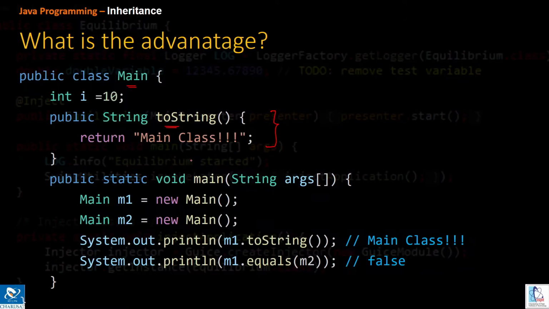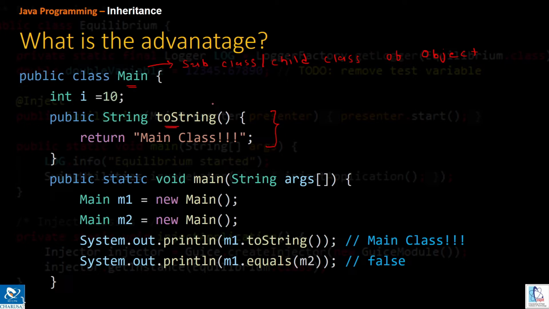So you can have a similar implementation in your subclass. This is our subclass, right? The main is what? It is a subclass or a child class of the Object class. So we have created our own implementation of the toString method, which is there in the Object class already.